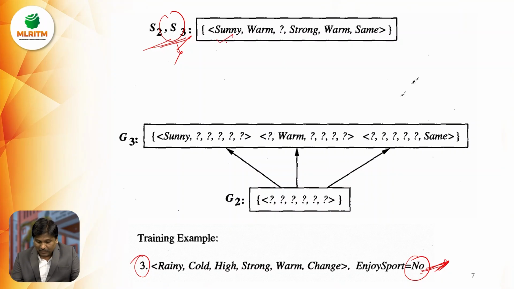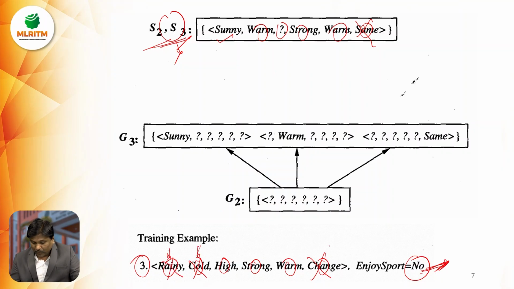Here sunny is there, it is rainy, and warm, cold, and here acceptance is there. So that can be accepted. And next, strong and strong, next warm, same and change. So some values are altered. What are those? Here these are changes. And warm, strong, yes, acceptance, warm and cold, it is also changed, and sunny.